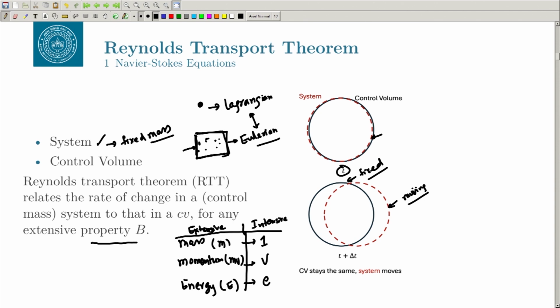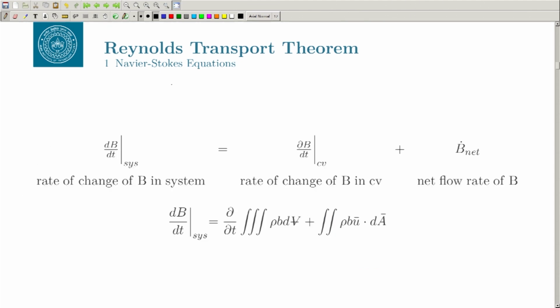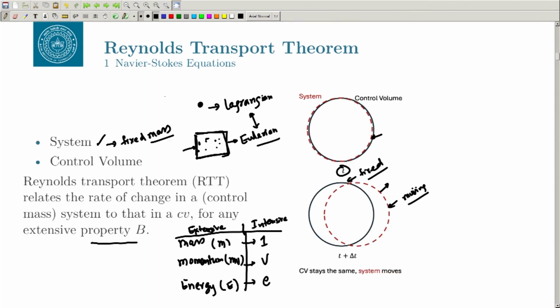Right. Now, we want to relate. So, we know the relations for this framework, but we do not know the relation for the framework which is the control volume. So, if you go by the derivation of the Reynolds transport theorem, what you could do is, let us say this is your control volume and let us say this is your system, and you can find an overlapping region, this is 1, 2 and 3.